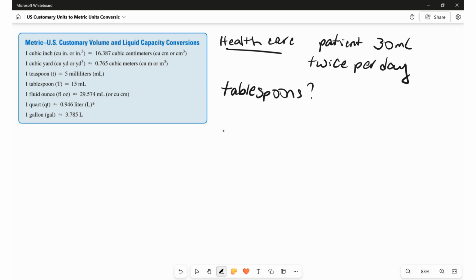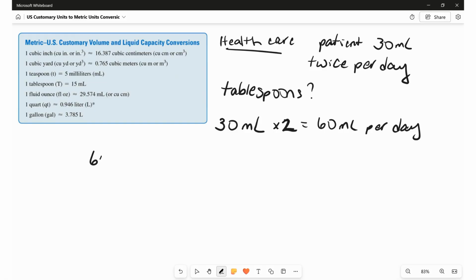The first thing that we need to do is say, if we take 30 milliliters twice per day, that's 60 milliliters per day. That's how much of the medication this patient was getting in the hospital. Now, if we want to convert this to tablespoons, we use the conversion for milliliters to tablespoons.